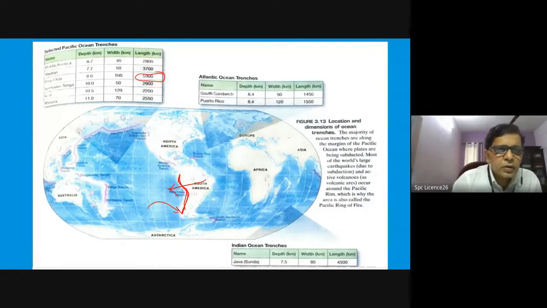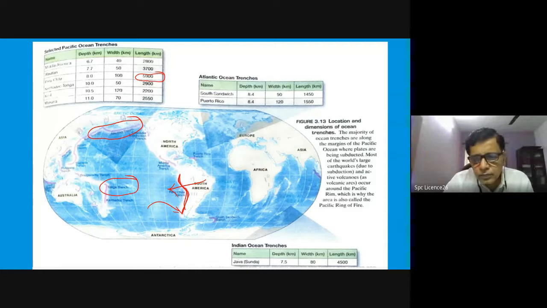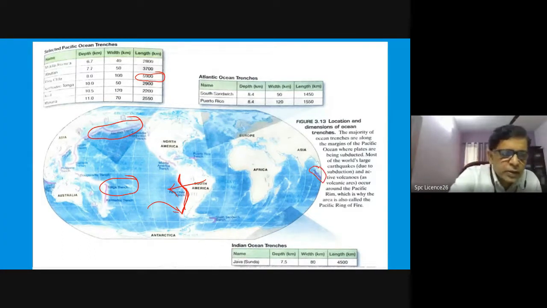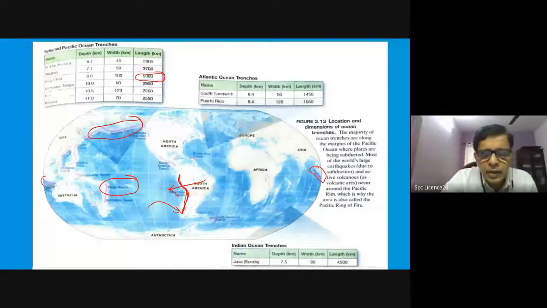Then you have the next longest, I would say, the Aleutian trench. This is the Aleutian trench where you have it. And then you have the Tonga trench, which is here. The Java Sunda trench is here, by the way, extending into this part as well.